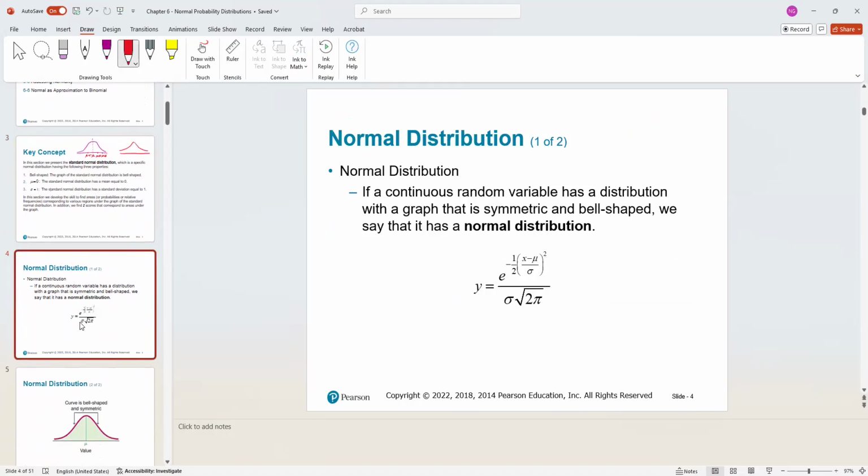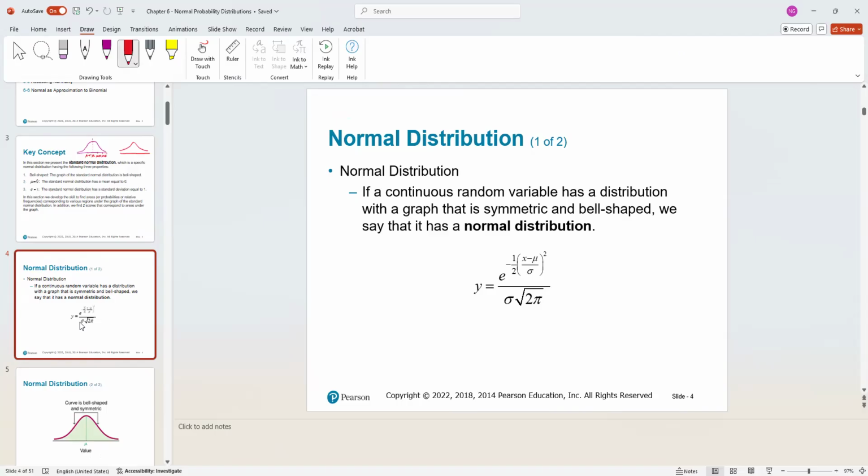Normal distributions: we said there are infinitely many different normal distributions depending on the values used for the mean and the standard deviation. We can begin with a brief introduction to this family of normal distributions. If a continuous random variable has a distribution with a graph that is symmetric and bell shaped, we say that it is a normal distribution.